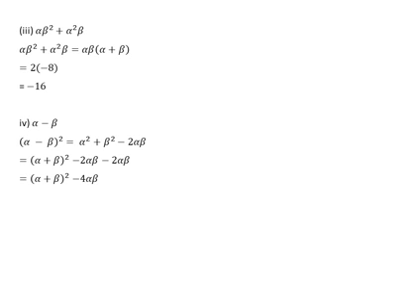Now let me substitute the values. Alpha plus beta whole square is 2 square, and minus 4 alpha beta is equal to minus 4 into minus 8. So 2 square is equal to 4, and minus 4 into minus 8 you will get 32. So alpha minus beta whole square is equal to 36.